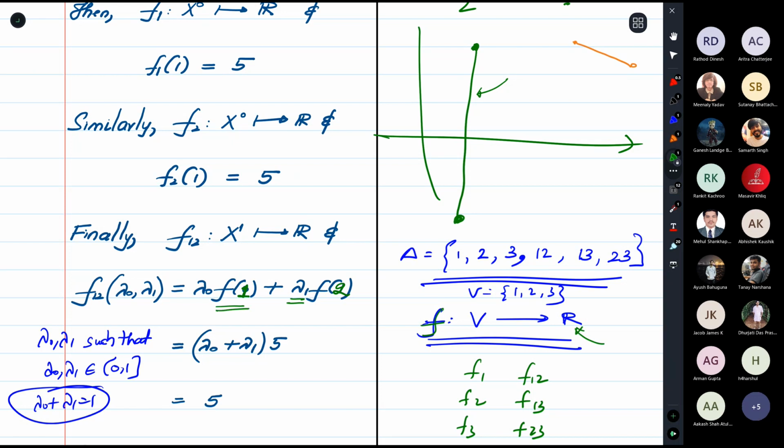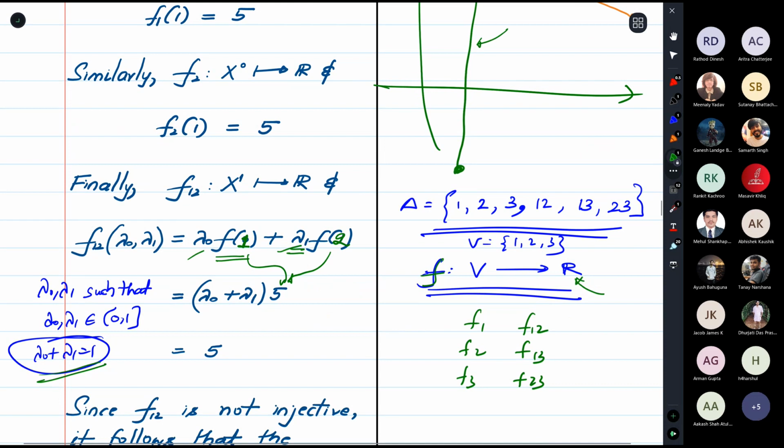Now f of 1 is 5. F of 2 is also 5. So I can take this common and I'll be left with lambda 0 plus lambda 1. And since lambda 0 plus lambda 1 is 1, I hope you agree that I would end up with 5 over here. So notice that this doesn't depend on lambda 0 and lambda 1.